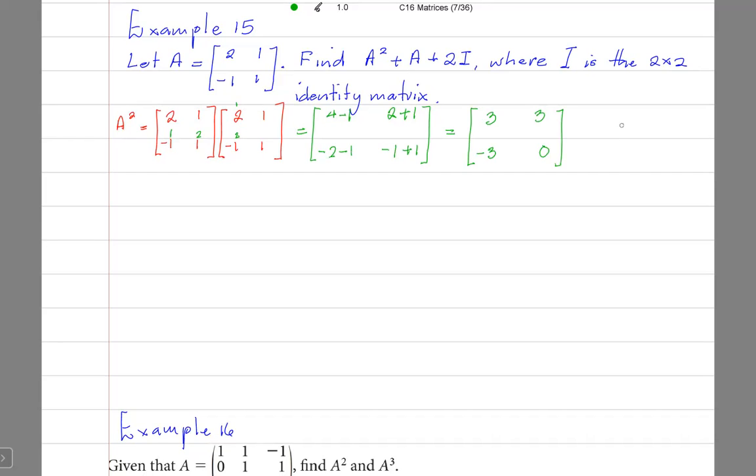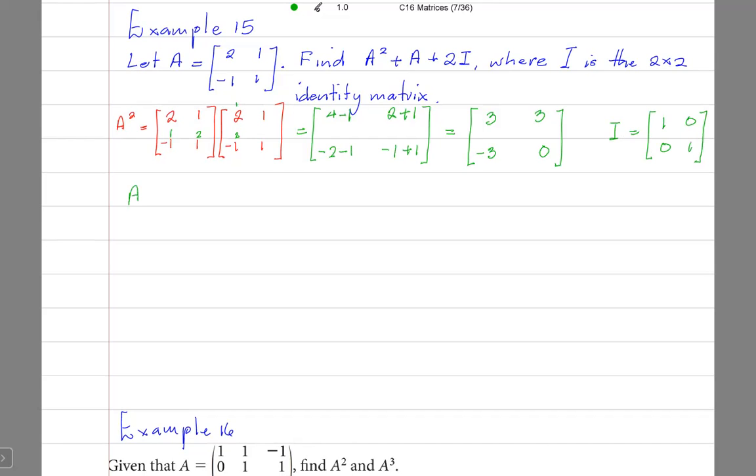So now let us find A squared plus A plus 2I. Of course, the 2 by 2 I matrix would be 1, 0, 0, 1. All right, so now I'm ready to find A squared plus A plus 2I.